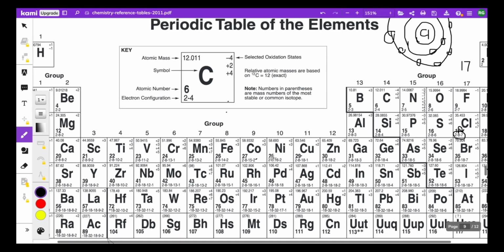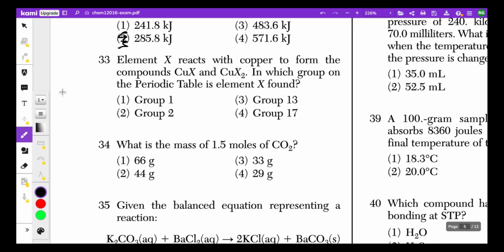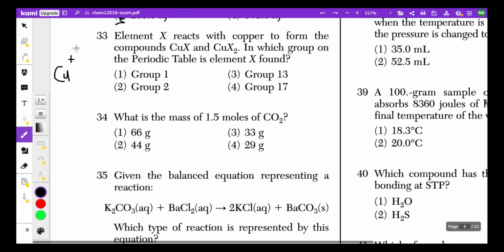Copper can form a +1 charge or a +2 charge, meaning that copper likes to give away an electron or likes to give away 2 electrons. All right. Now you can see that it forms the compounds CuX and CuX2.